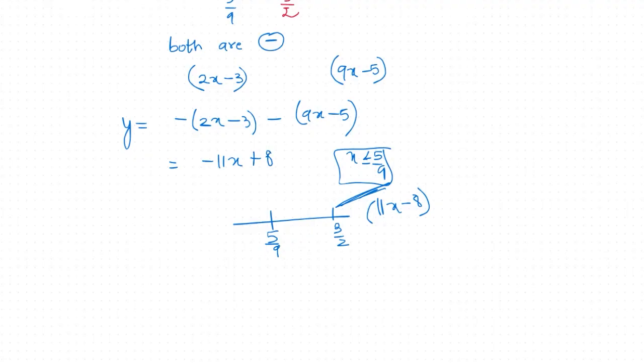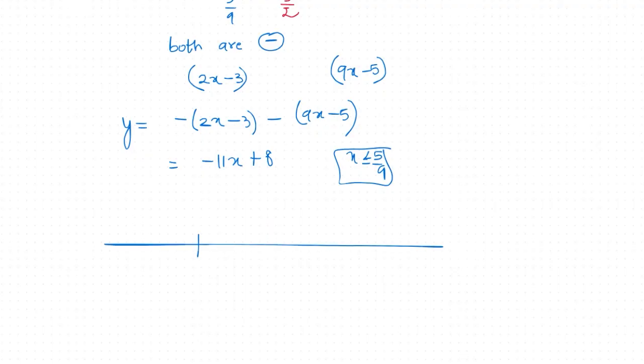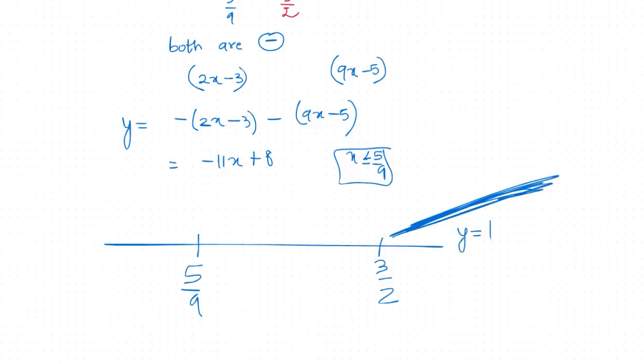So the theory is we have split the domain into three parts. 5/9 is here, let's say 3/2 is here. In this region, the graph is acting as if y is equal to 11x minus 8. In this region, we just did minus 11x plus 8.